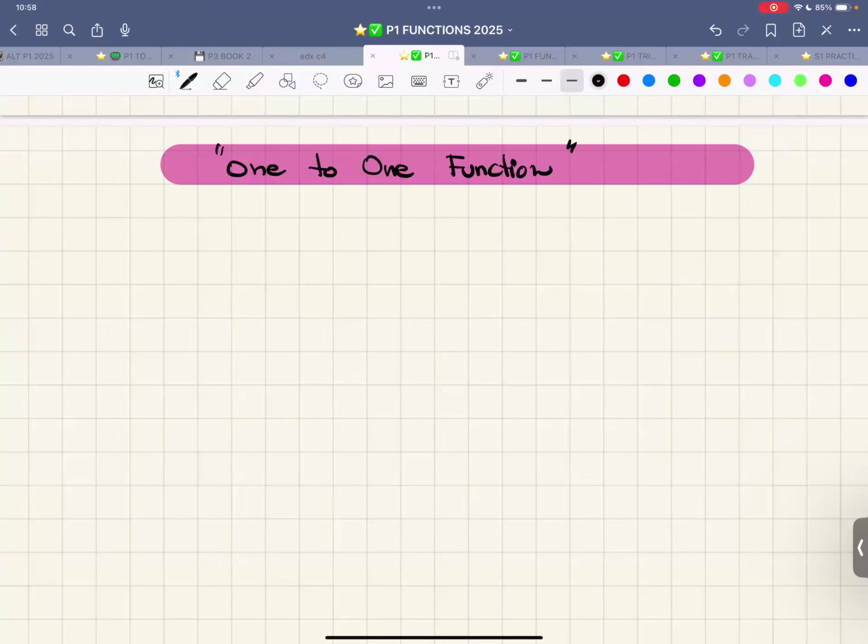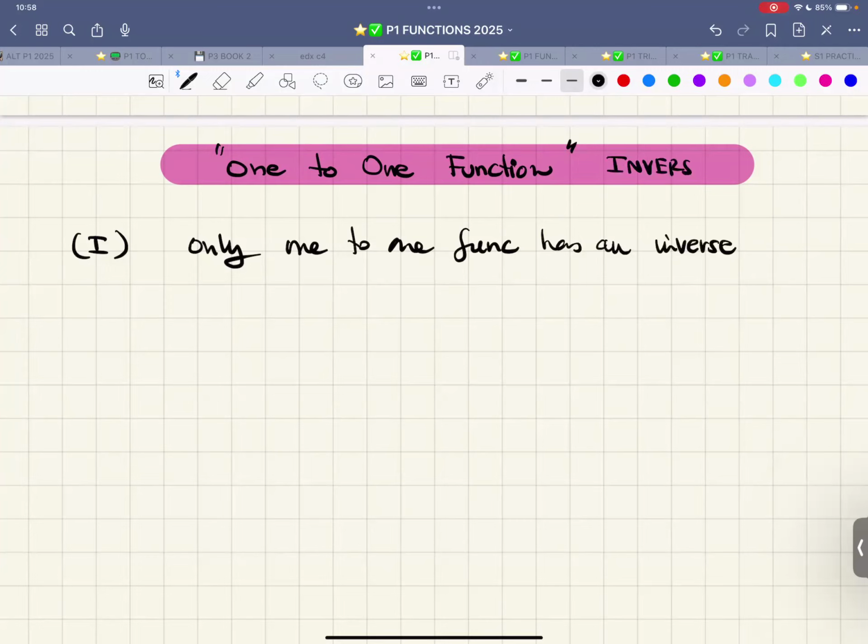The very first reason is only one-to-one function has an inverse. Because I'm interested in one-to-one function, I'm interested in inverse function, and we are just working towards that. I can also say inverse only exists for a one-to-one function.